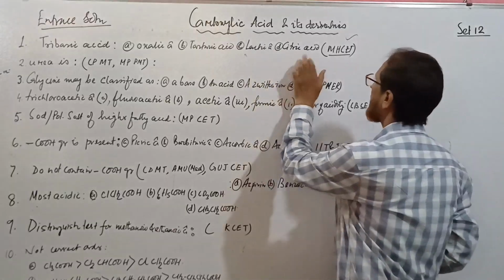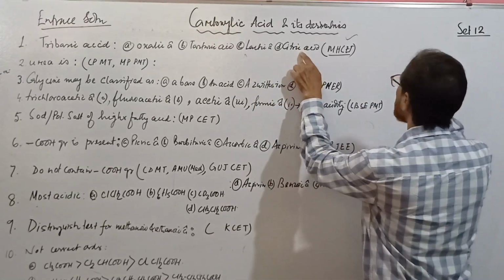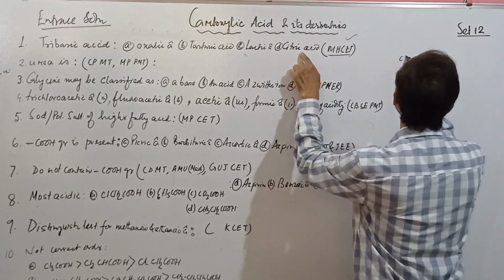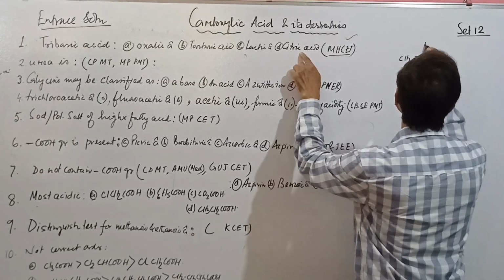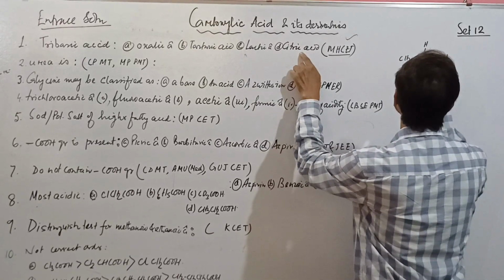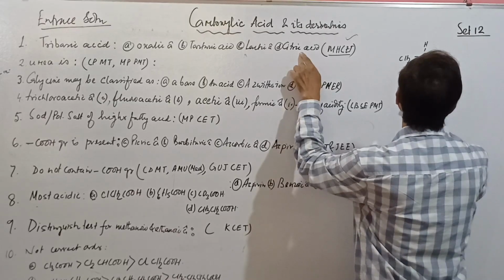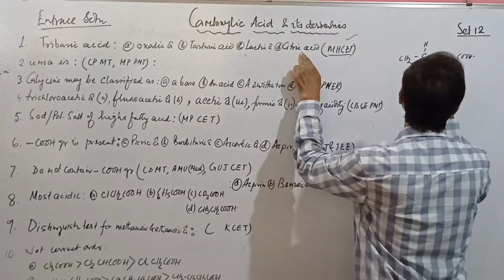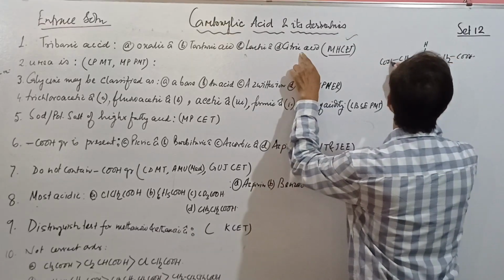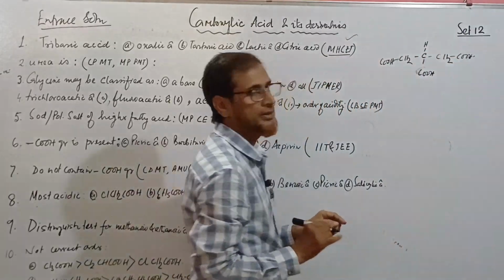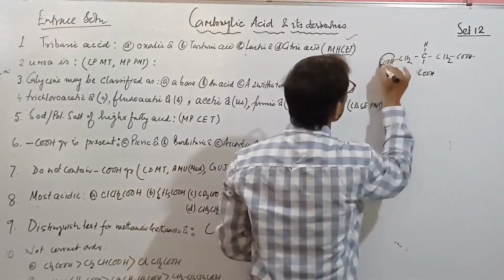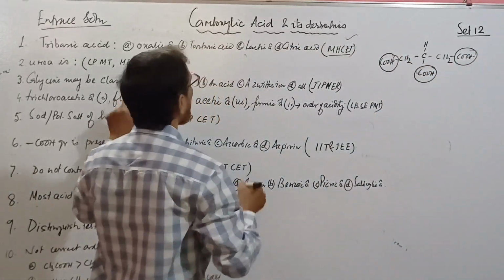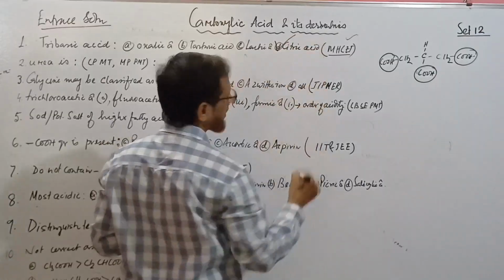Lactic acid and citric acid. Coming to citric acid, the formula is this. So in citric acid we have seen three COOH groups. So the answer is citric acid.